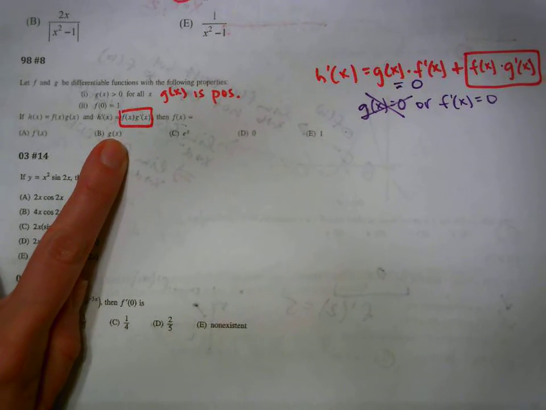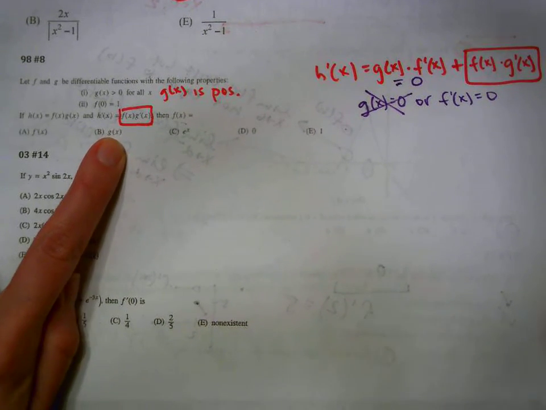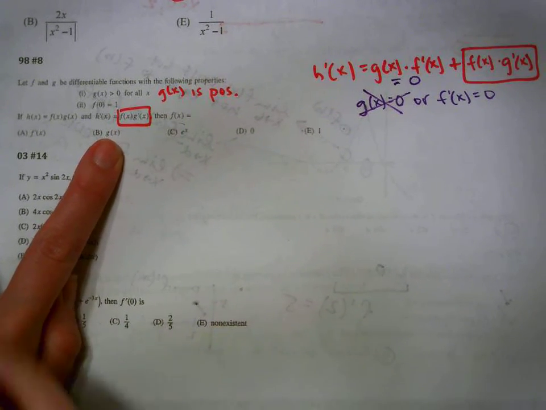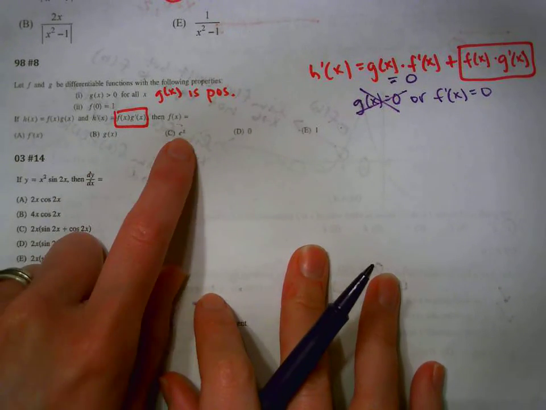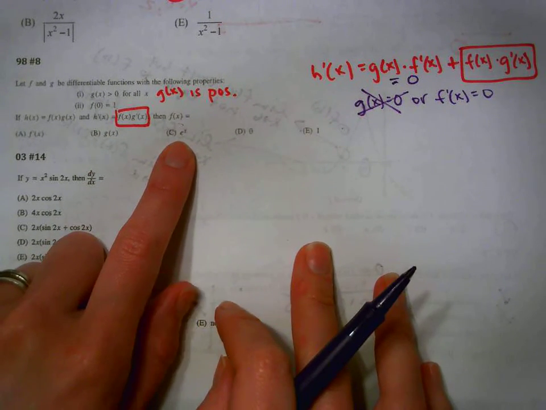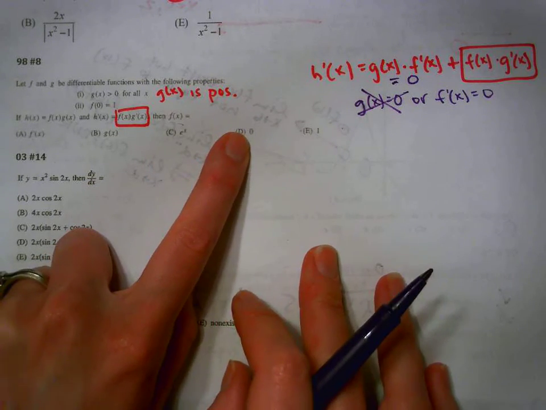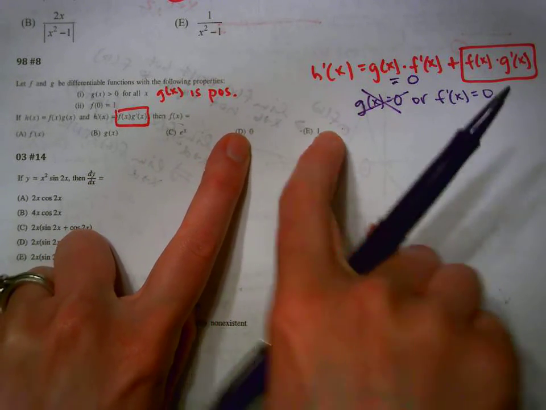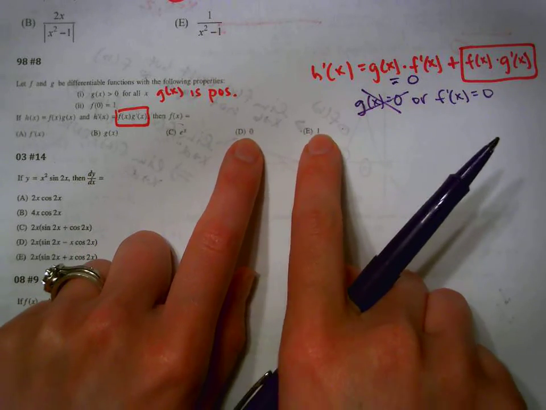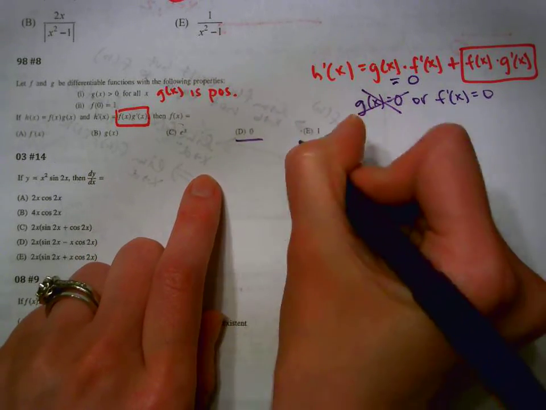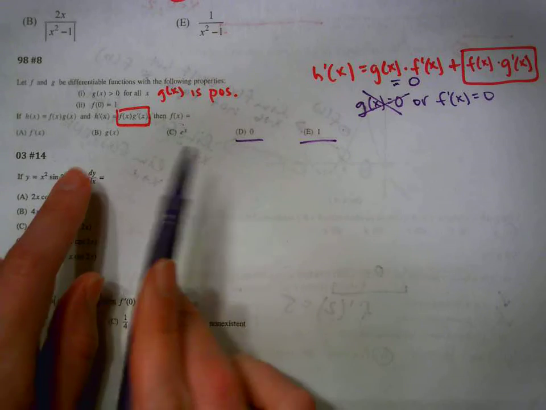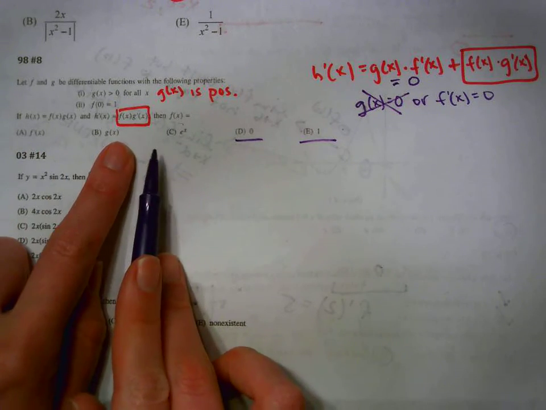If f is g, the derivative isn't necessarily 0. That could be anything. The derivative of e to the x is e to the x, which isn't 0. The derivative of 0 is 0, and the derivative of 1 is 0, right? So both of these are options, but none of these have f prime equals 0 all the time.